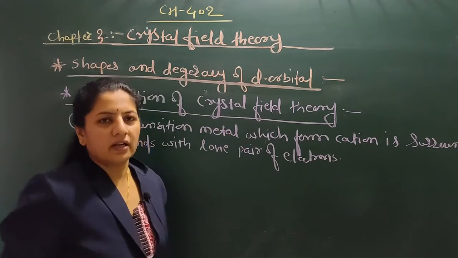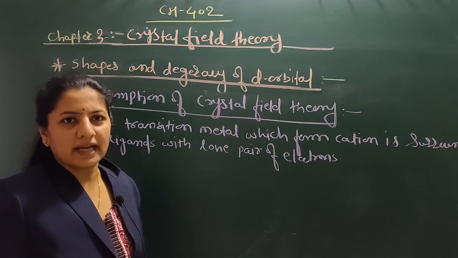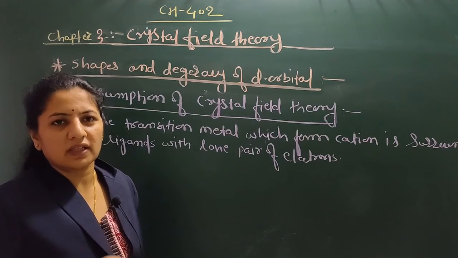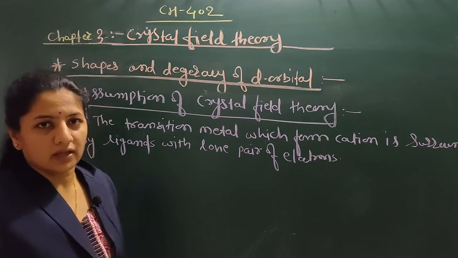It means that the central metal atom is a cation, whereas the ligand is an anion. So there is a force of attraction between the cation and anion, and that's why the bonding takes place.